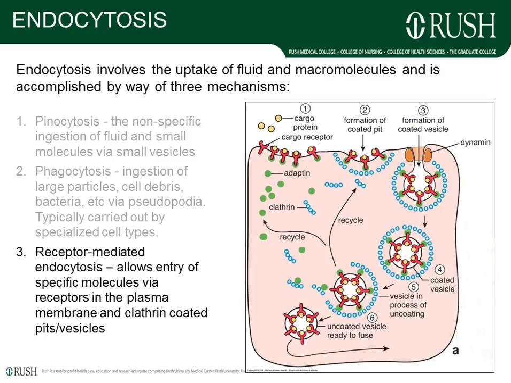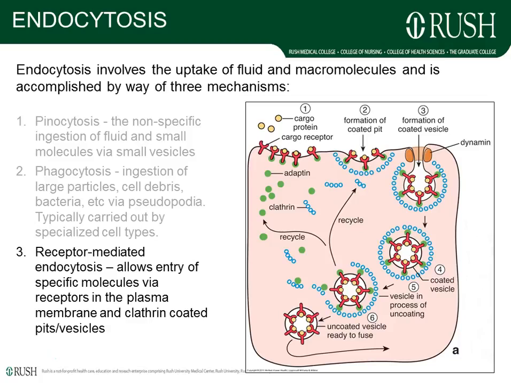So receptor-mediated endocytosis is the third process that cells use to get material inside of the cytoplasm. And this allows entry of specific molecules using receptors for those specific molecules which reside in the plasma membrane, and clathrin-coated pits and vesicles that facilitate the bringing in of those materials.